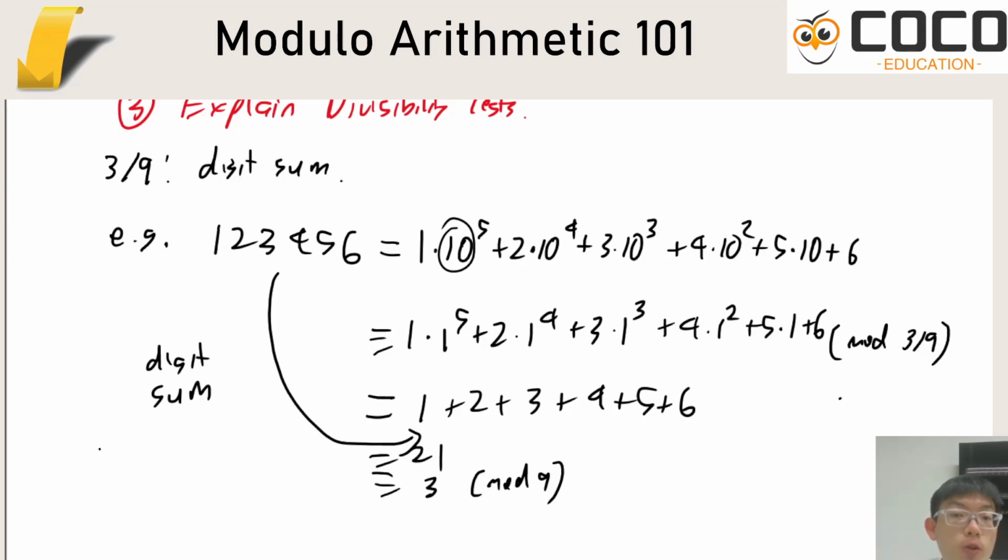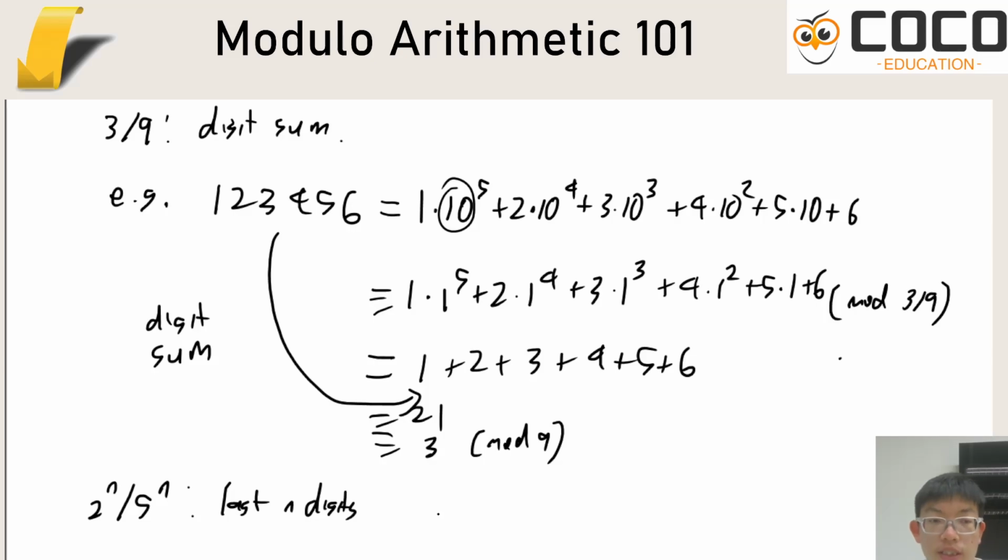More simply, this also explains why for powers of 2 and 5, you would just look at the last n digits if it is the nth power of 2 or 5. Because essentially, 10 to the power of n or more will be 0 mod 2 to the n and 5 to the n.